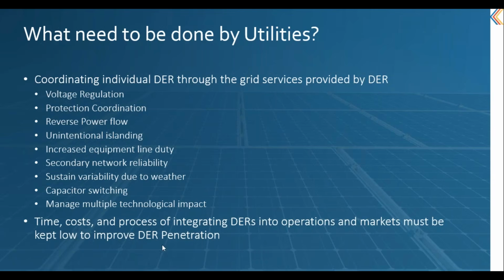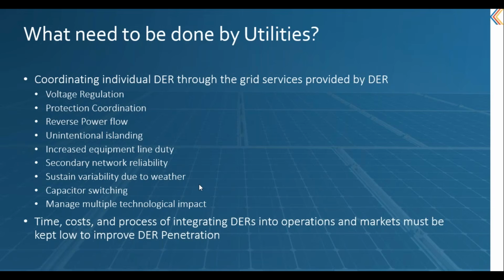So, DER must enable grid services, like regulating the voltages throughout the distributed network, coordinating the protection logics around the network, controlling the power flow directions including reverse power flow, and avoiding unintentional islanding, increased equipment line duty, improving system operations life cycles, and handling sustained variability due to weather.